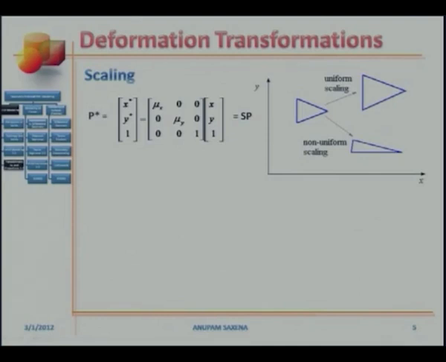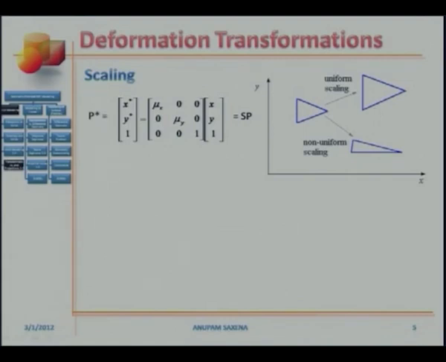We can go for either uniform scaling or non-uniform scaling, and here is an example. If we set mu x equals mu y, we will then have a case of uniform scaling.